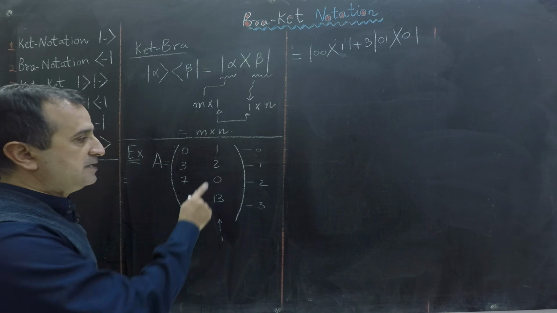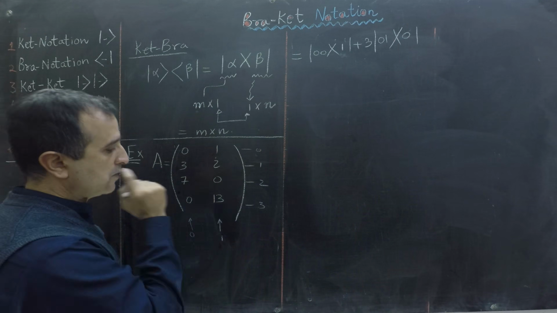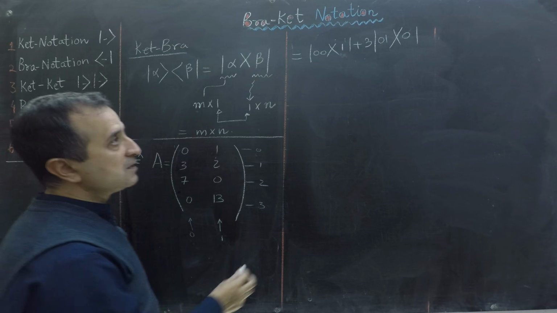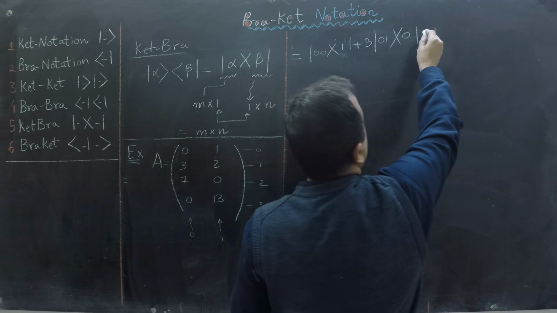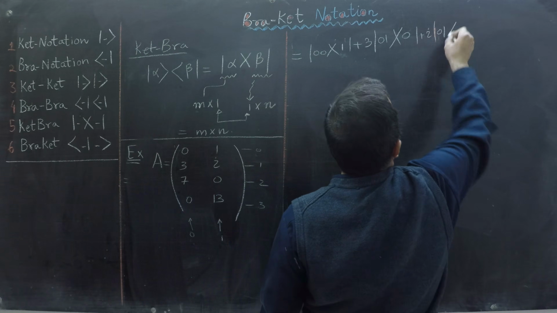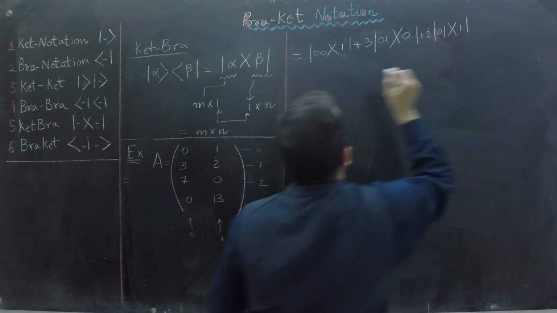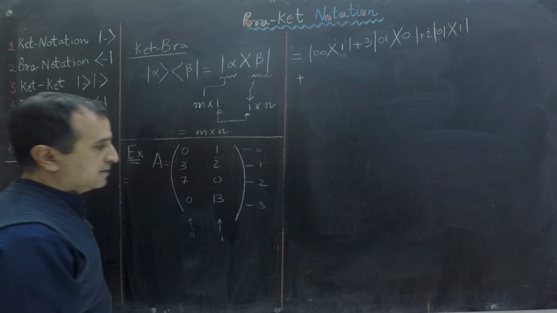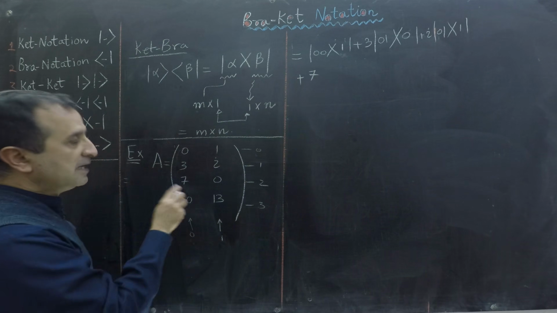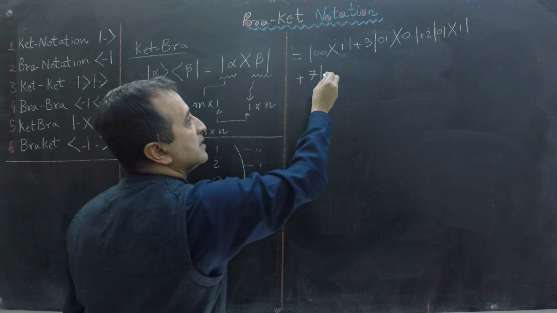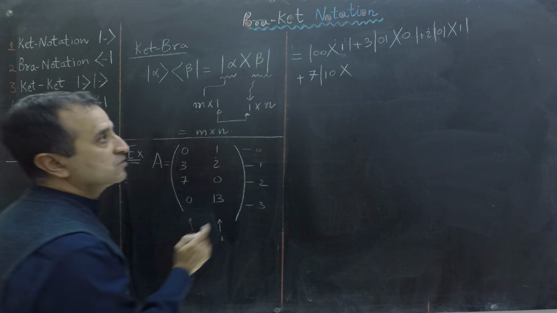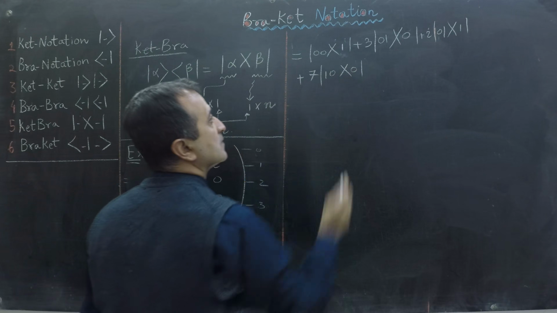This iota is on the first row and first column, so I will write here plus iota, first row and first column, plus. Then I have to write 7, and this 7 is on the second row, so I will write here 1, 0, and this is the 0th column, so I write here 0.